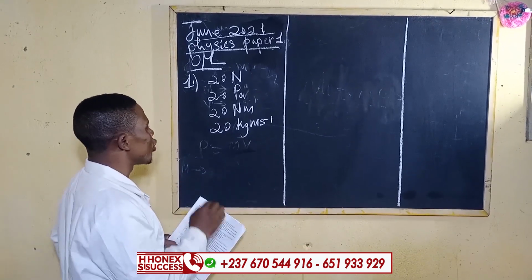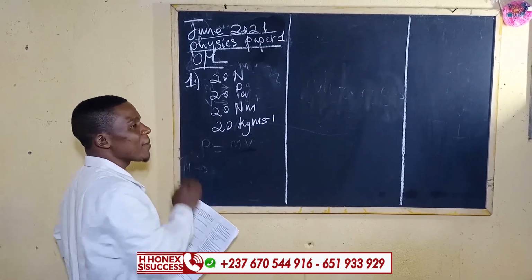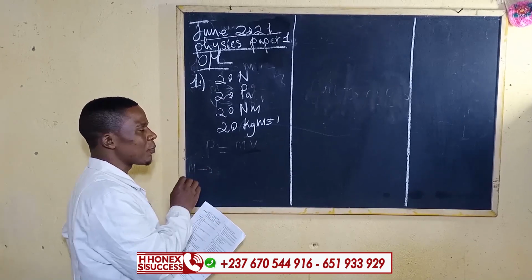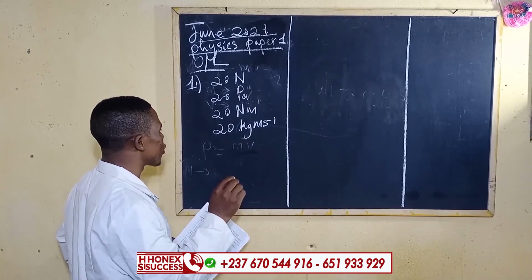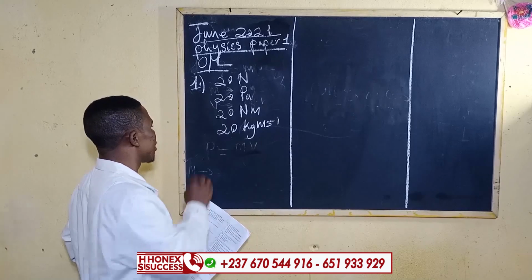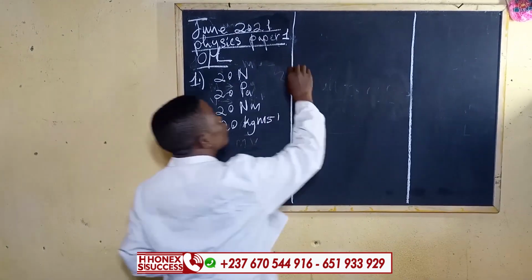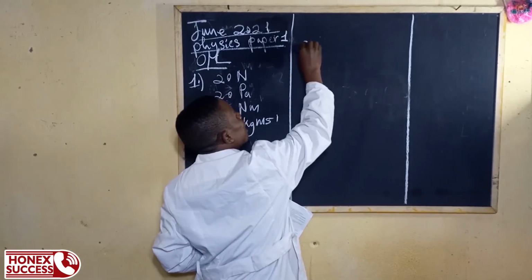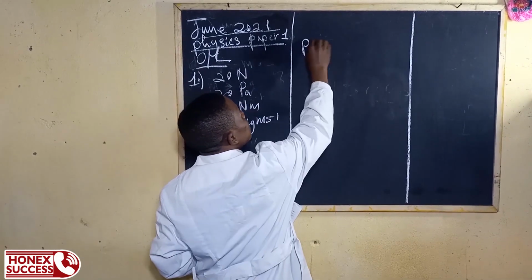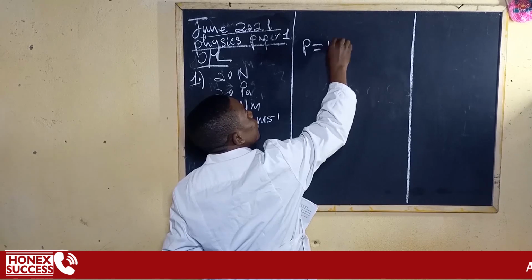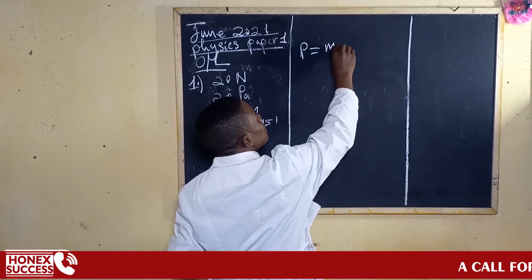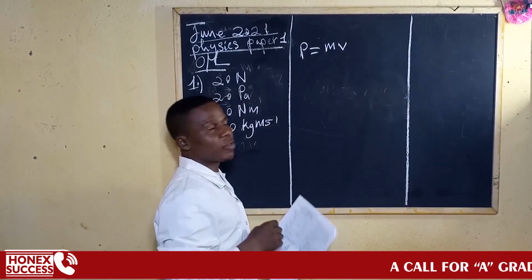So what are the strategies that you need to use in order to get to the solution? The first thing you need to remember is that under this topic, linear momentum, which was treated in class, linear momentum, which has the symbol P, is simply a product of the mass of an object and the velocity of that object.